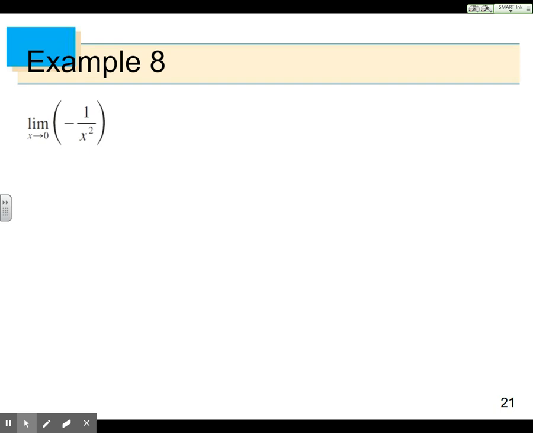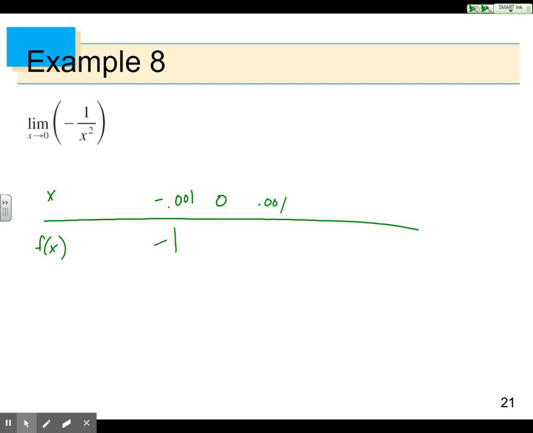So here we go. This would be a good example of us, the same example that we just did with our x's and f of x. We throw 0 right here in the middle, and really don't want to make the whole table. It'd be the whole table again, except for this time, whenever I was at negative 0.001 and positive 0.001, I would be at negative 1 million.